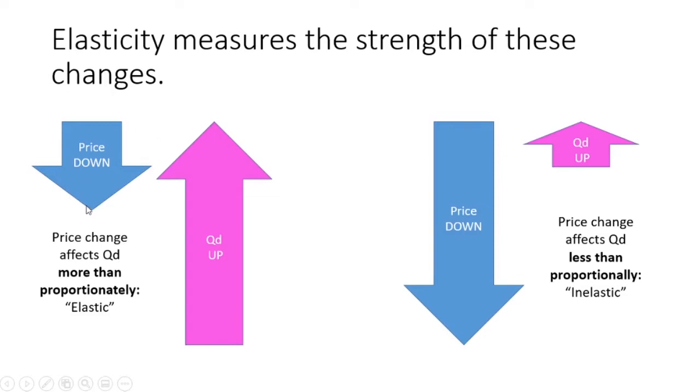Small change in price down, large increase in quantity demanded going up. So we would call this side elastic. On this side here, the price change affects quantity demanded less than proportionally. A very large fall in price, a relatively small increase in quantity demanded. Therefore, we would call this inelastic.